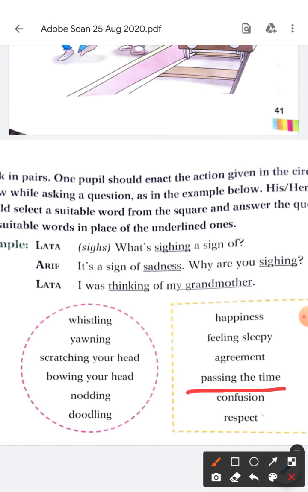You draw pictures. That's called doodling. You draw pictures with some theme or with some word. You can make something else. So, when you have no mood to do any work, you can say, oh God, I'm not in a mood to do anything, so I'm doodling. I'm drawing something. You're just sitting and you're drawing something. That's called doodling. Okay. So this is what we have done.